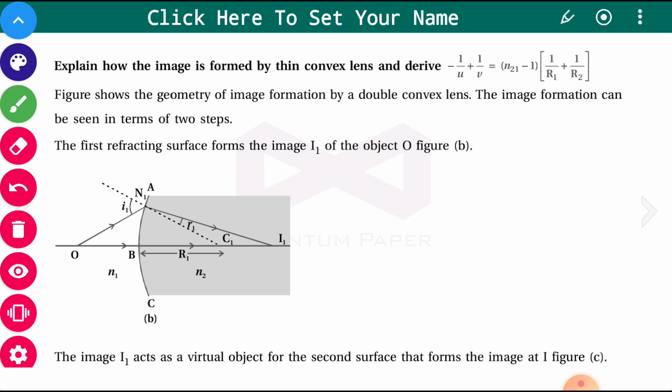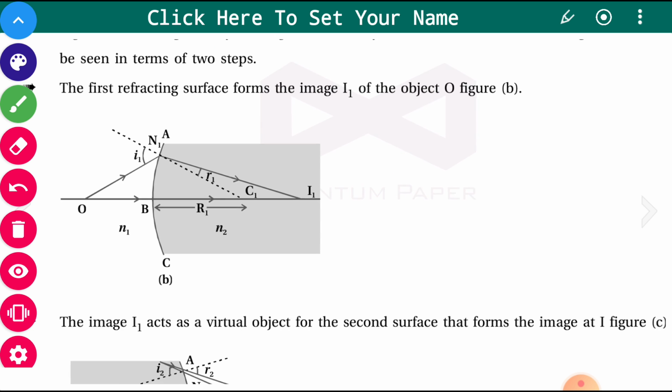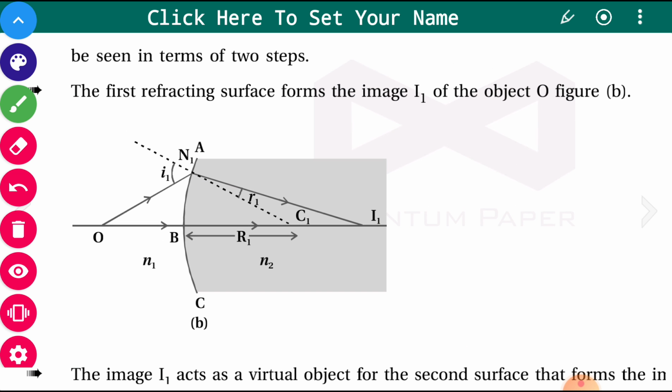Now see, here the figure is given showing how the image is formed by the double convex lens, which means it has two convex surfaces. First of all, we take the first surface of the lens.